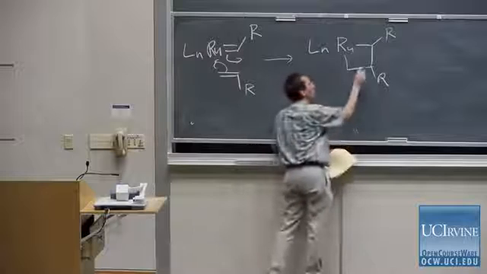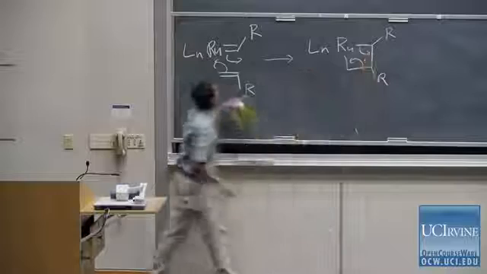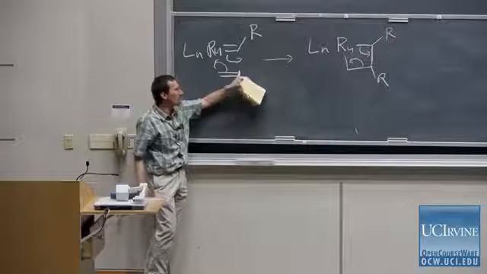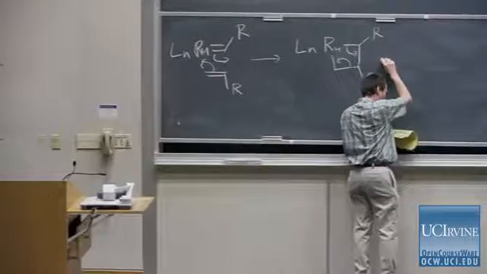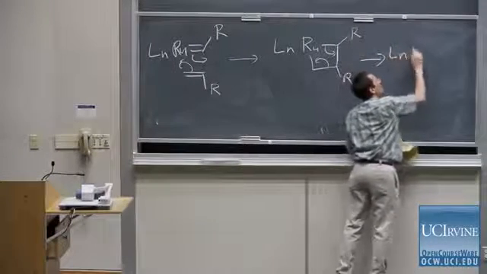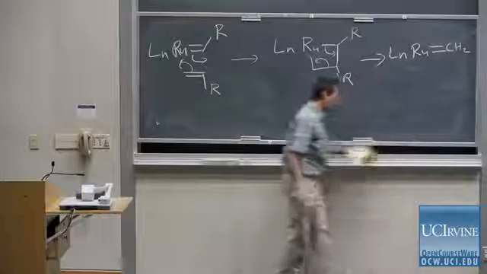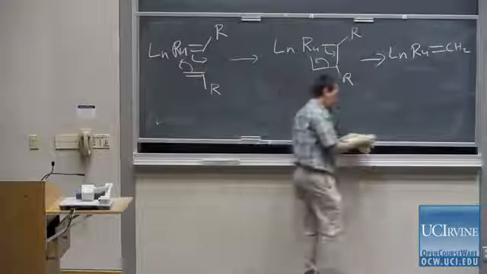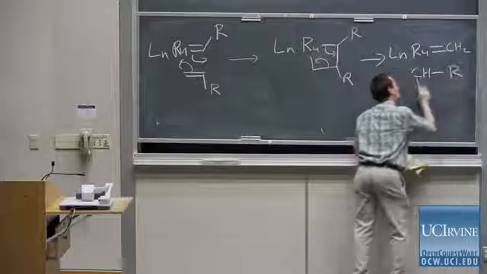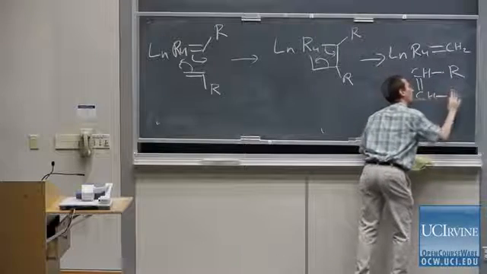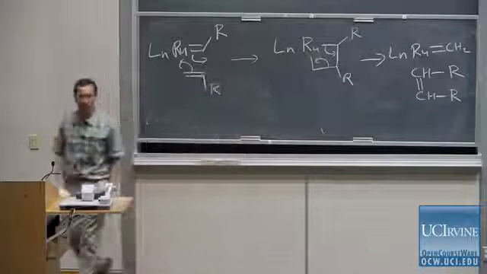Okay, so now we do the exact same thing in reverse. In other words, this is a sort of a cycloaddition reaction. Now we do the reverse, and we end up going to LnRu double bonded to a CH2 group. And the other product that we've blown out of the reaction is our alkenyl group. And I'm not worrying about stereochemistry here, so that's our alkenyl group.